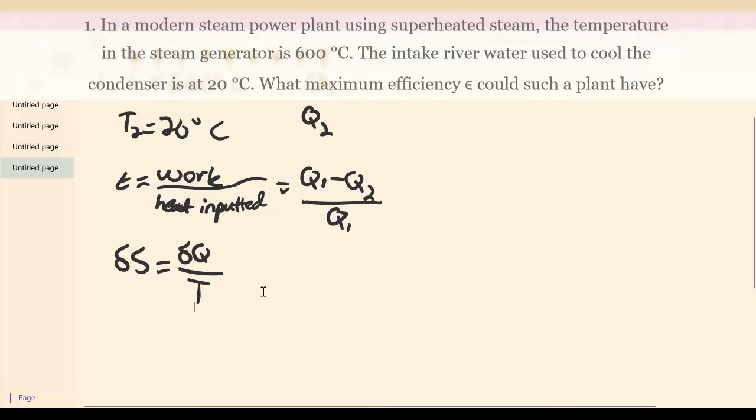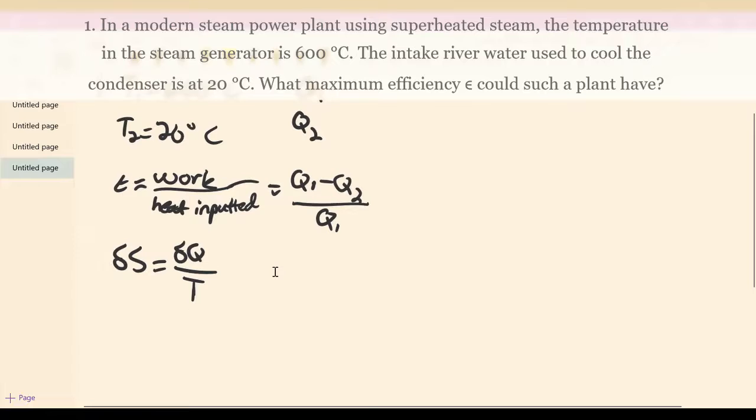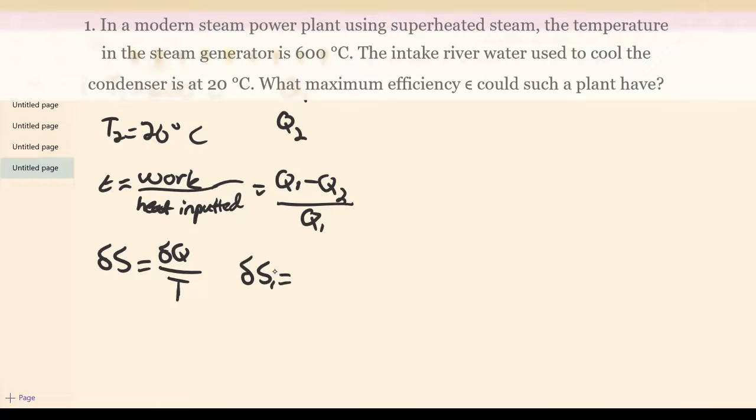So when the heat Q1 is inputted, then we get that this delta S1 is equal to delta Q over T, the temperature. That's basically the change in the heat over the temperature.